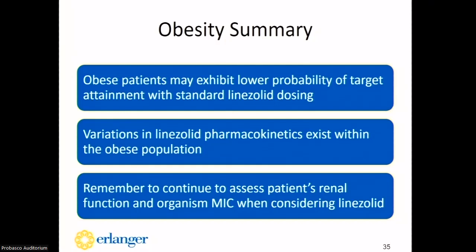It's also important to note that, despite a potential chance for increased underexposure in this population, patients with obesity and renal impairment may still be at risk for the development of linezolid-induced thrombocytopenia. So always important to consider a patient's renal function outside of their weight category.